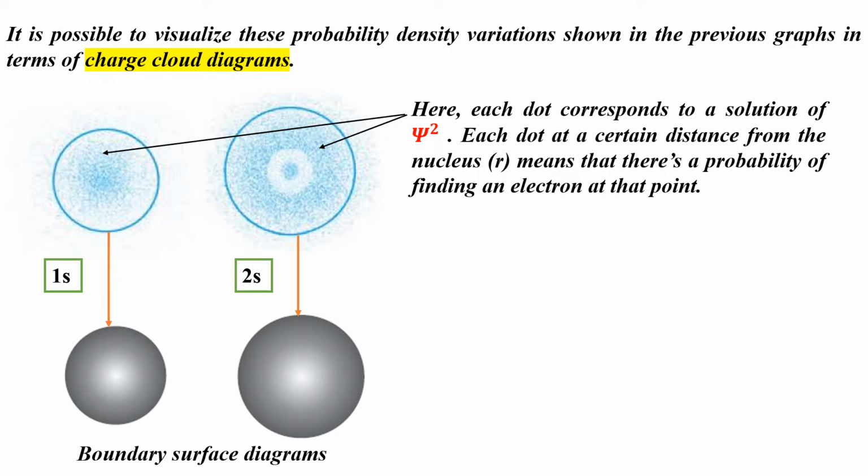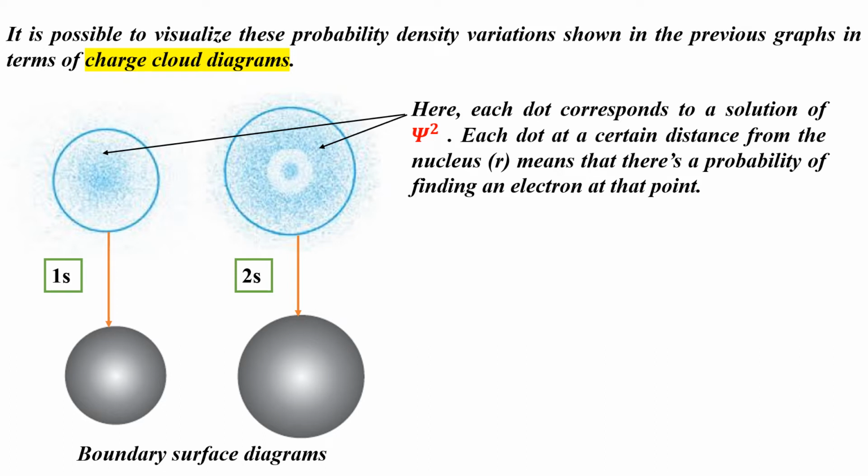So, in boundary surface diagrams, we enclose the region of space around the nucleus where there is 90% chances of finding a 1s electron in a sphere. Same is the explanation when it comes to 2s, 3s, 4s orbitals and so on.